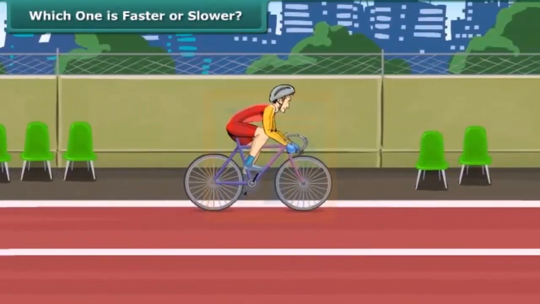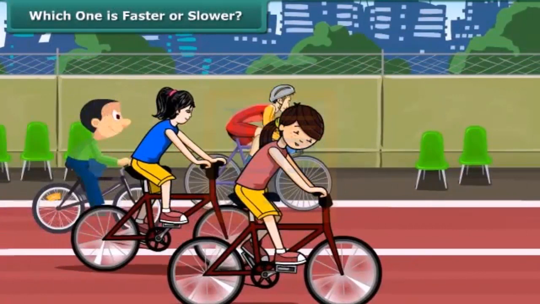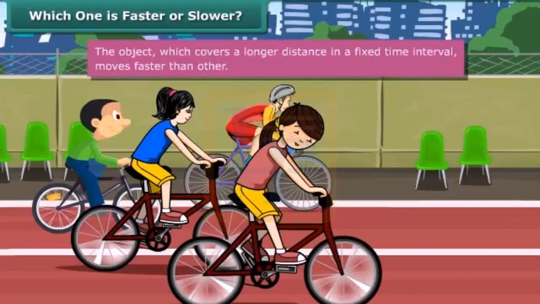This means that the winner covered the distance of 1,000 meters in 10 minutes. This also means that all the others who reached the finishing line later covered less than 1,000 meters in 10 minutes and hence lost the race. So we can say that the object that covers a longer distance in a given time interval than other is faster.